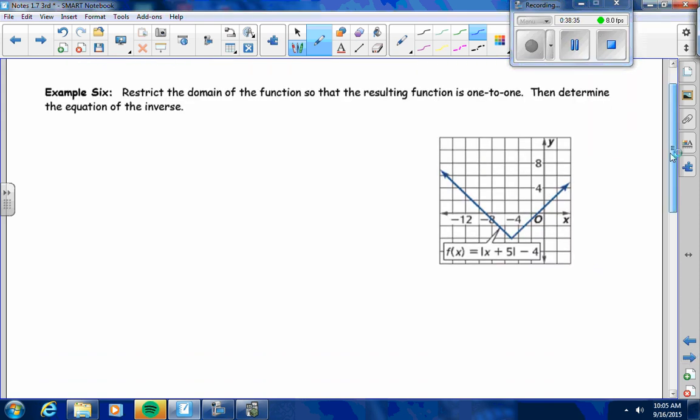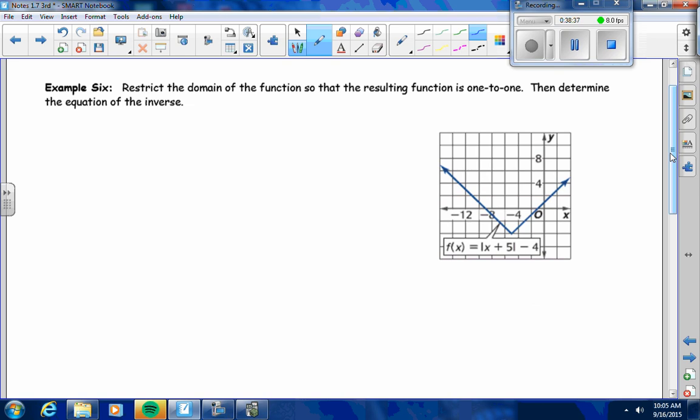Next slide. Example 6. Restrict the domain of the function so that the resulting function is 1-to-1. Then determine the equation of the inverse. As it is, what part does it fail? Horizontal line test.